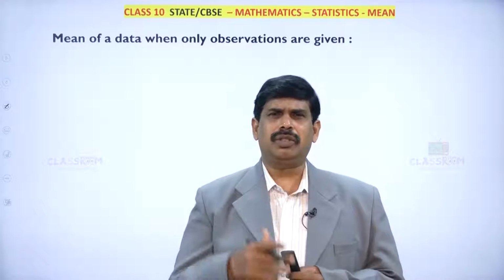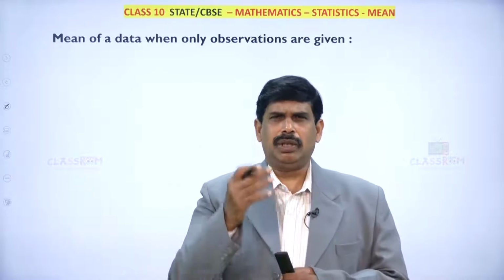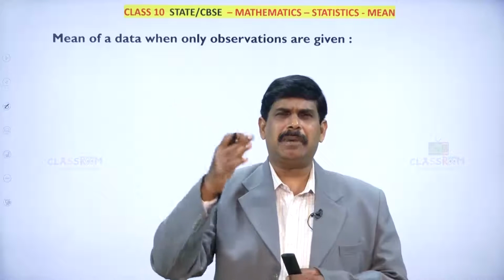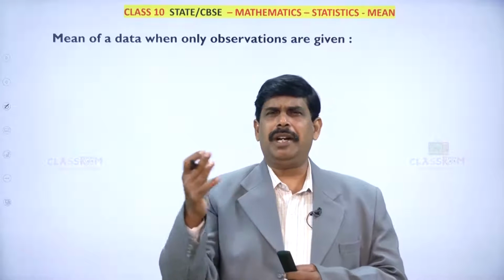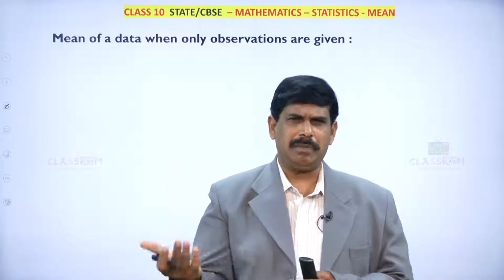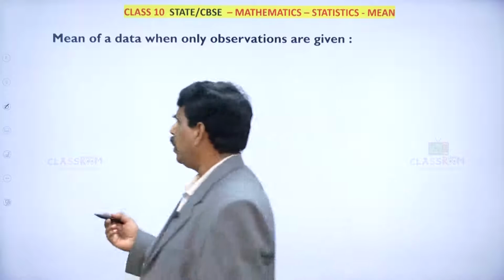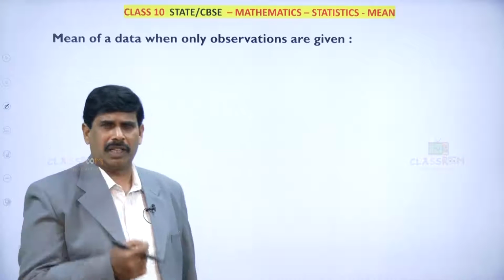If somebody asks you the average of maths, physics and chemistry, you add the marks you have obtained in maths, physics and chemistry and divide by 3, because there are 3 subjects. That is the mean. So what is mean actually? The mean of a data when only observations are given.